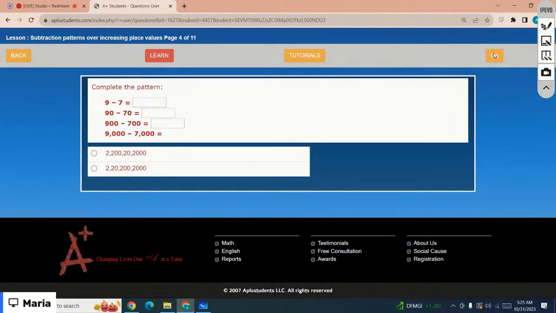Okay, complete the pattern. 9 minus 7, 90 minus 70, 900 minus 700, and 9,000 minus 7,000. So which is the correct option? Which option is missing?